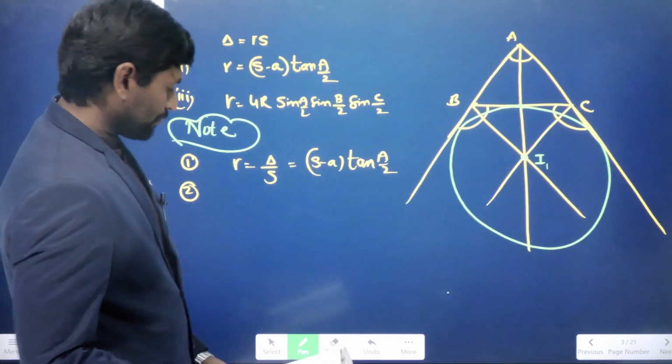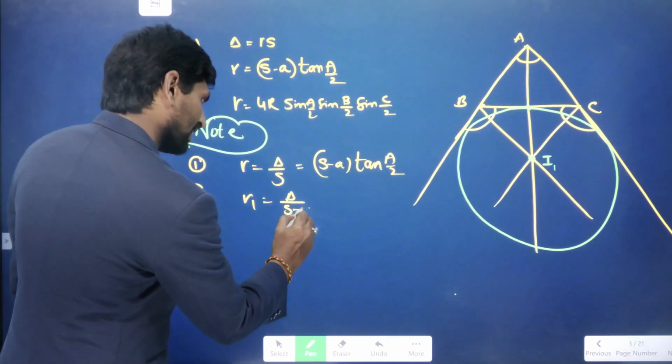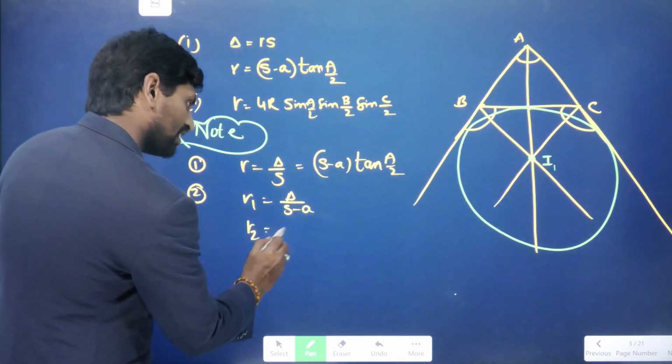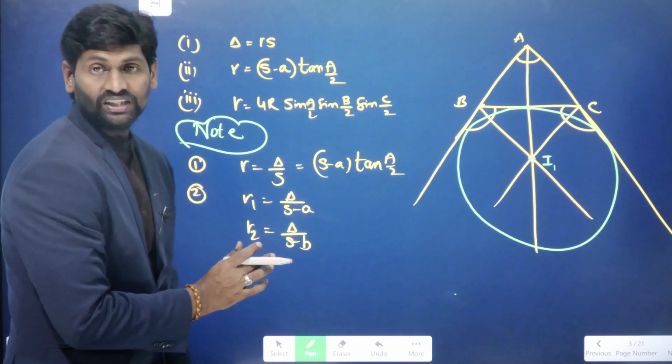Next note point: r1 equals delta by s minus a. In the same way, r2 equals delta by s minus b, and r3 equals delta by s minus c. r1 is related to the first side a.